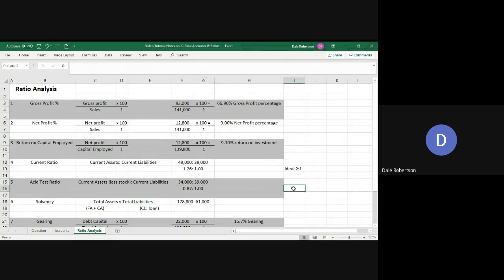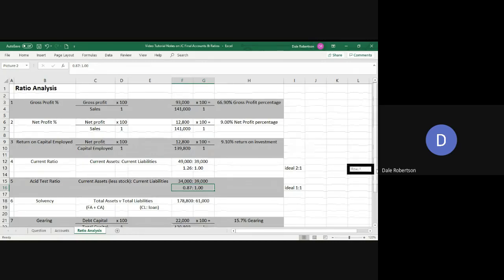The ideal here should be 1 is to 1. Anything less than that means the company has a liquidity problem. In this situation, the company, for every €1 that they owe, they only have 87 cents with which to pay. So they're going to run out of money unless they resolve that situation.